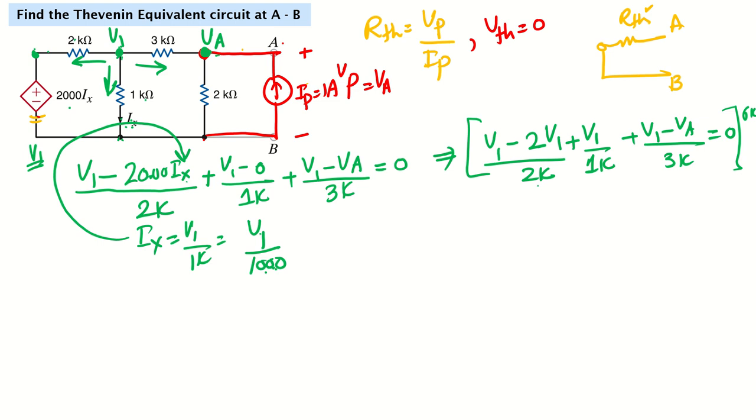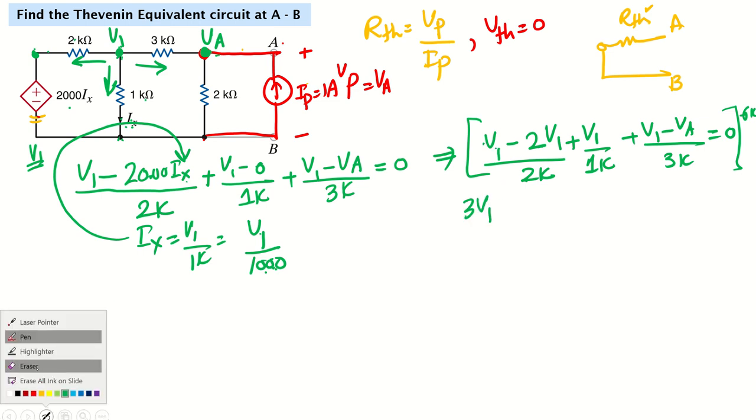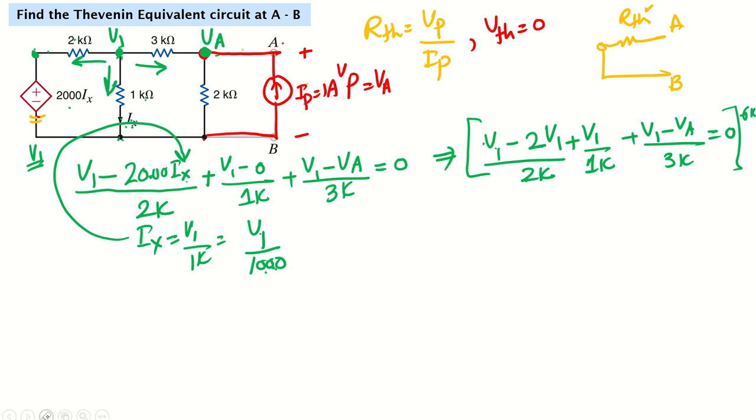If you multiply with 6K, the 2 and 3, the 2 will be cancelled by 3. So 3 times V1, basically V1 minus 2V1 that will be minus V1, so minus V1 times 3, that will be minus 3V1. Then I have 1, that will be 6V1. Then 3 and 2, that will be 2V1 minus 2VA is equal to 0.